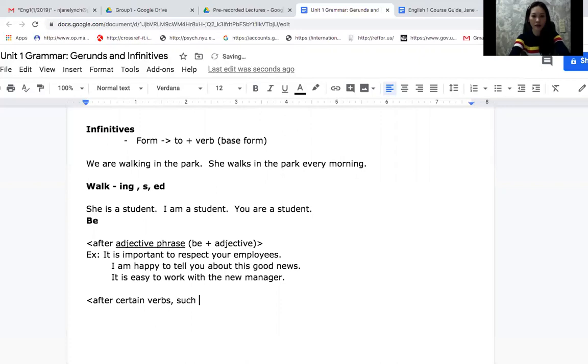Such as, this is from the book, so I'm going to repeat it on the screen: want, decide, try, hope, need, expect, agree, and learn.